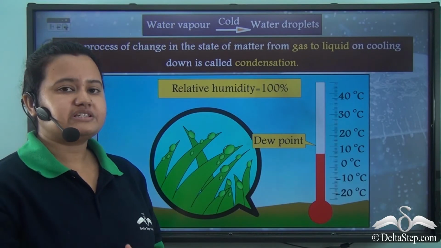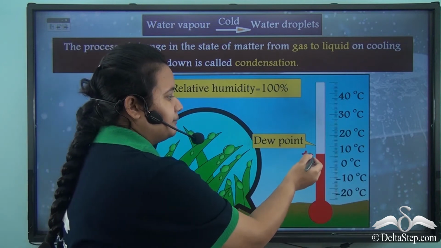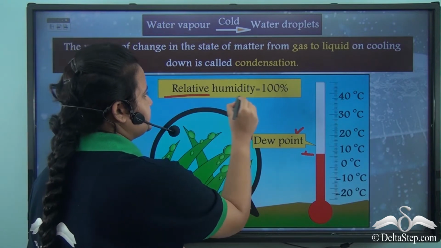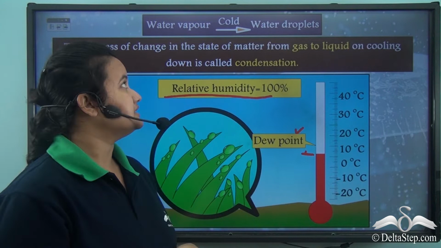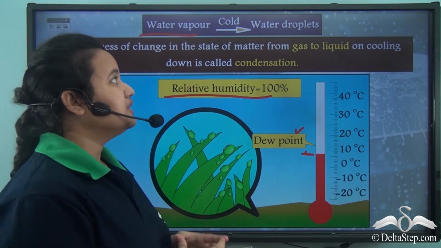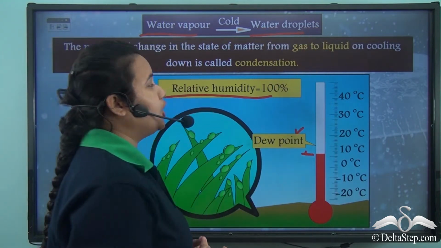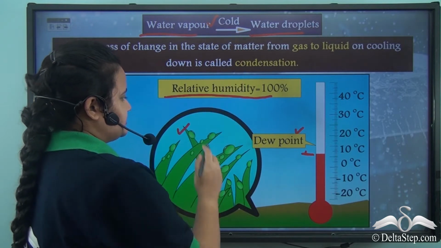So, in the previous video, we saw that if temperature drops below dew point and if the relative humidity is 100%, that is, air is saturated, then the water vapor present in air transforms into tiny water droplets on coming in contact with a cold surface.